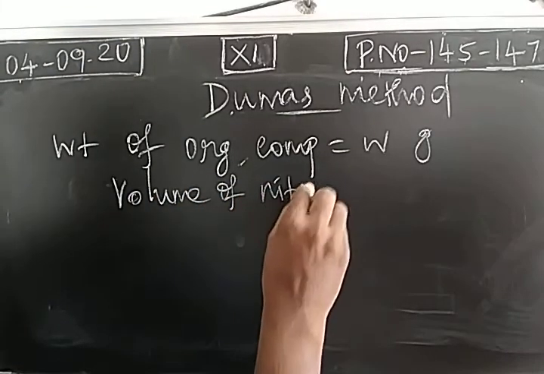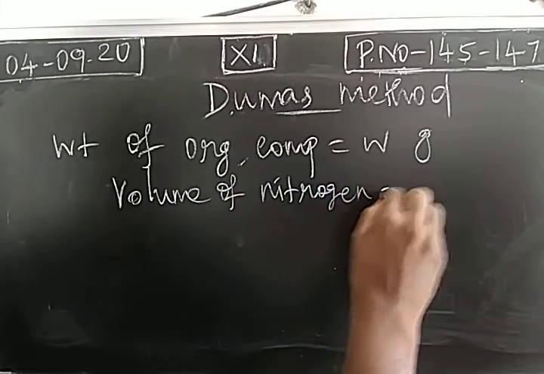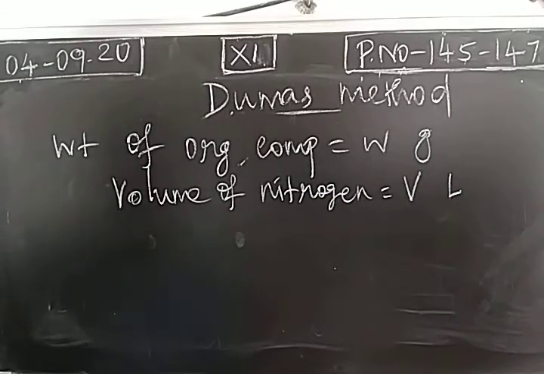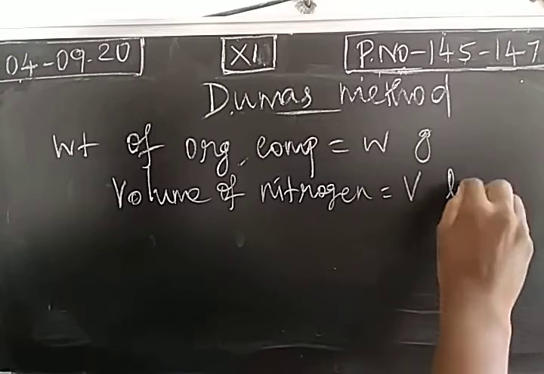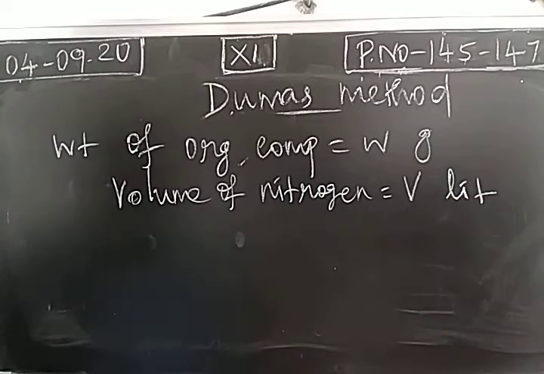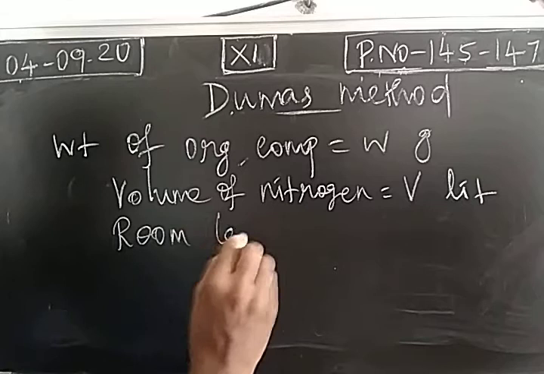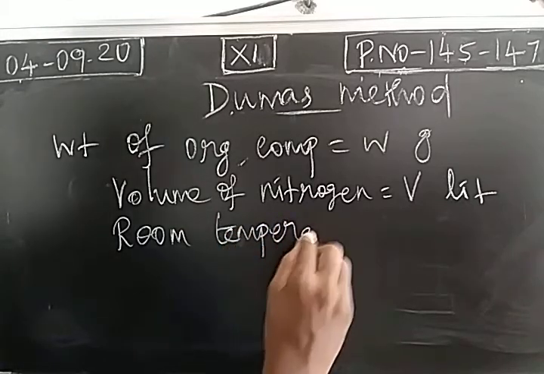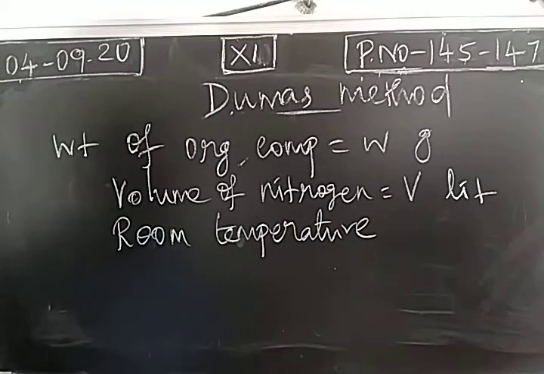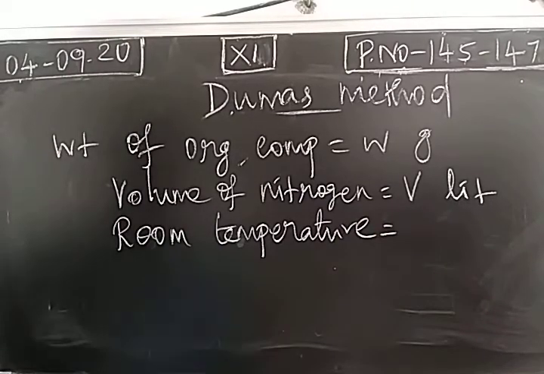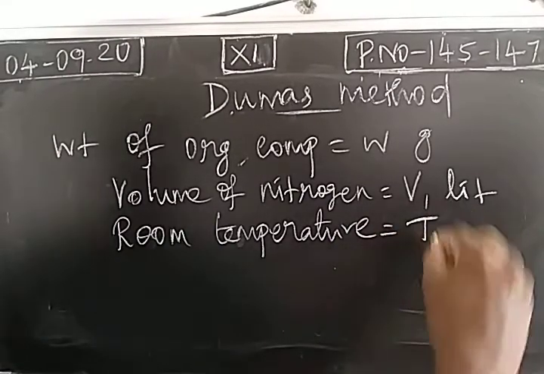The volume of nitrogen liberated is considered as V liter. You may write it as capital L or else liter. Then what is the room temperature? Room temperature is taken as T1, and the volume as V1.